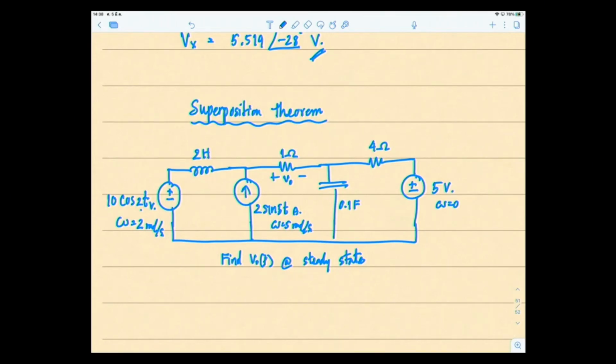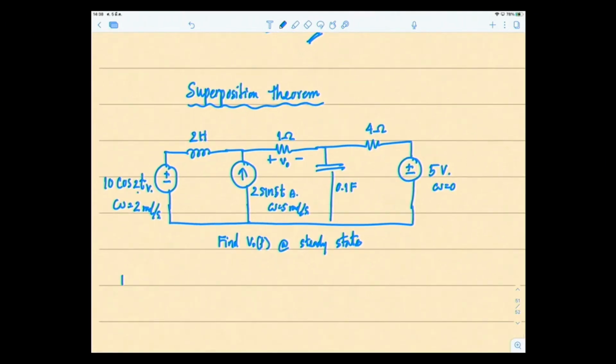So I'm going to now start analyzing it using superposition. First I'm going to activate the DC. So I'm going to keep the 5 volt, and of course I have to short and open.